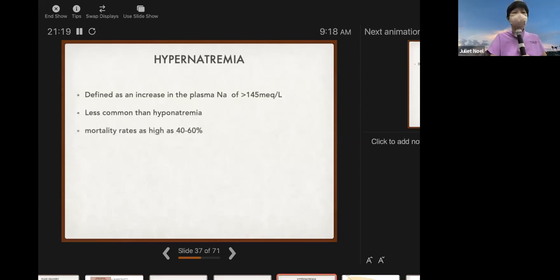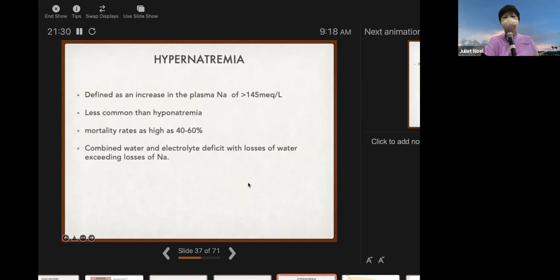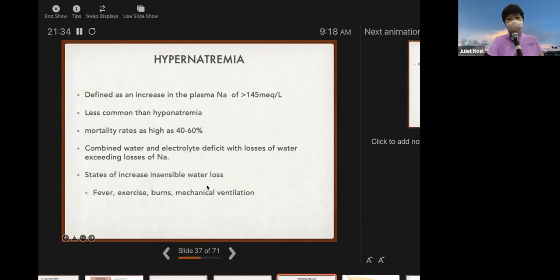But if it happens, it has a high mortality rate of 40 to 60%. It is a combined water and electrolyte deficit, with losses of water exceeding the losses of sodium. A state of increased insensible water loss, like in fever, exercise, burns, and in patients on mechanical ventilation. So this is very common, no?